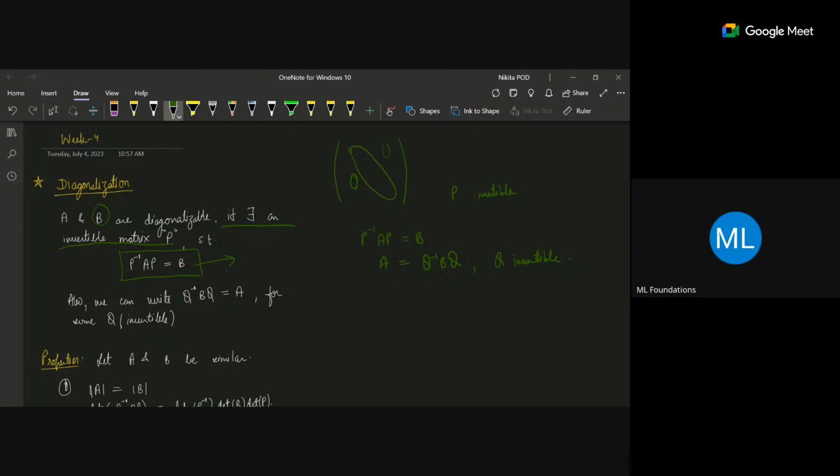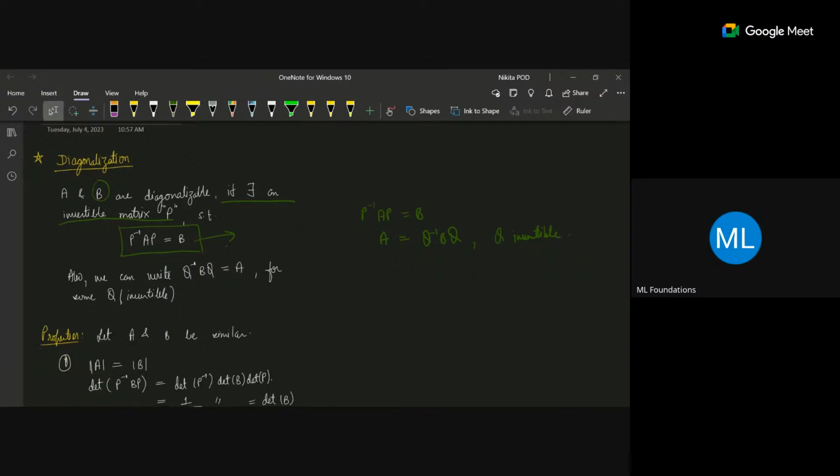We talked about some properties: if the two matrices are similar, their eigenvalues will be the same.